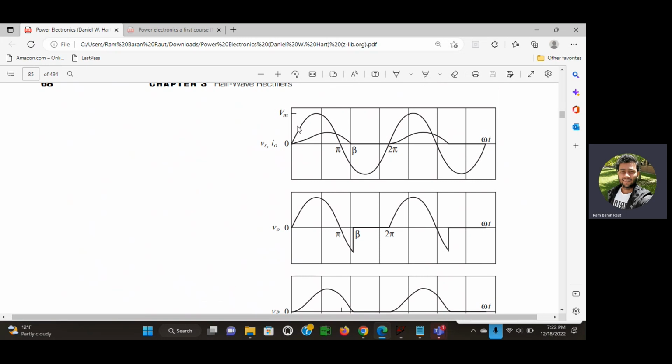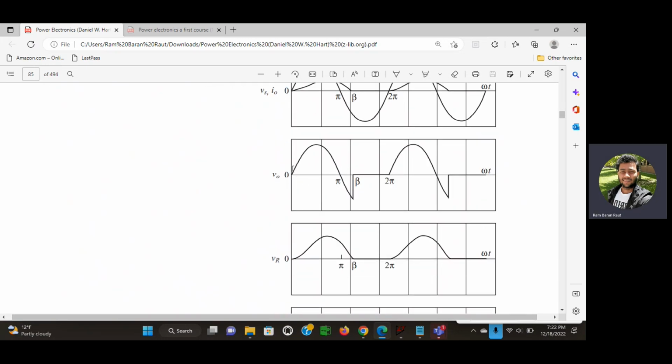We have already checked the source voltage, and right now I'm seeing the output voltage.